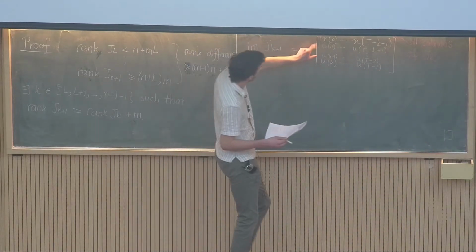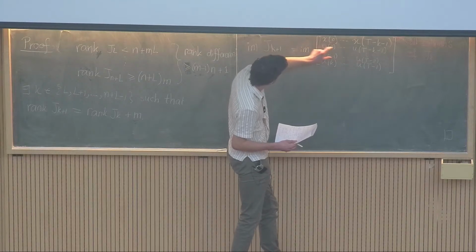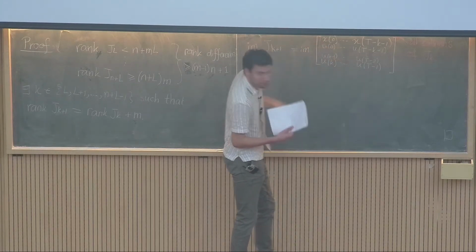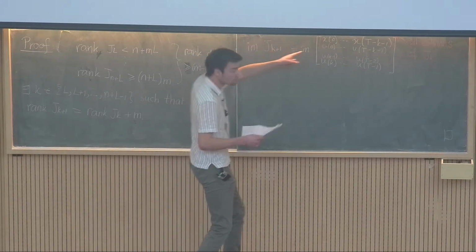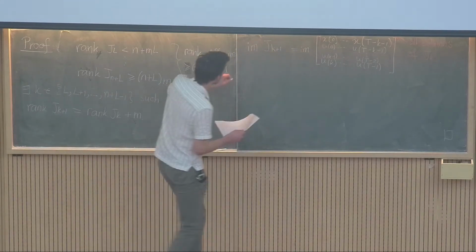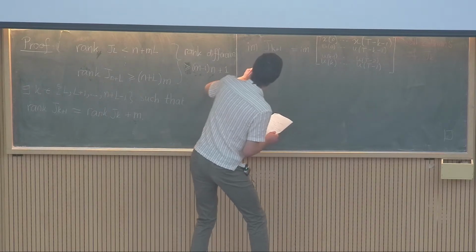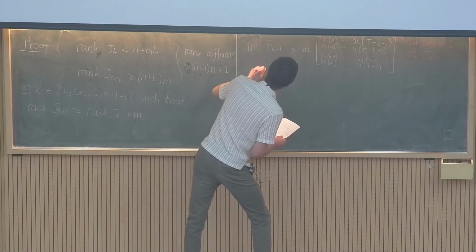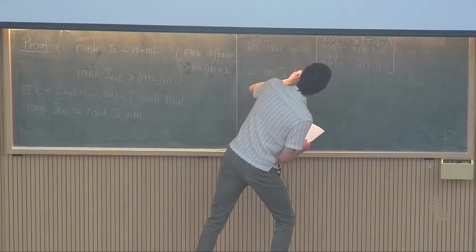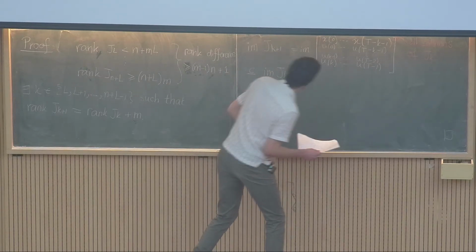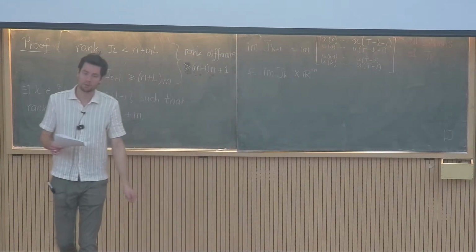Right, again, because we have here a Hankel matrix of inputs of depth k. Which means that this image of J_{k+1} must be contained in the image of J_k Cartesian product R^m. Okay?